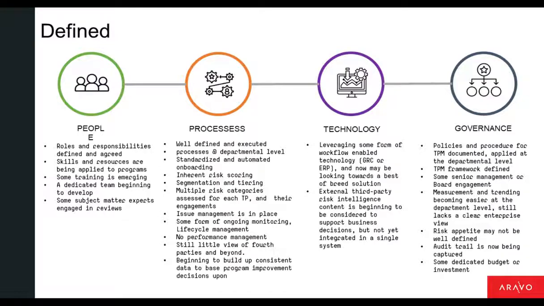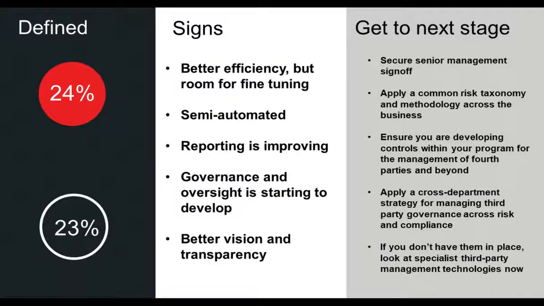So at this stage, we're seeing 24% of organizations typically say they're at the defined stage, and 23% of respondents that have had programs in place for over 10 years find themselves at this stage. But Dave, I'd be interested in your observations about this stage.